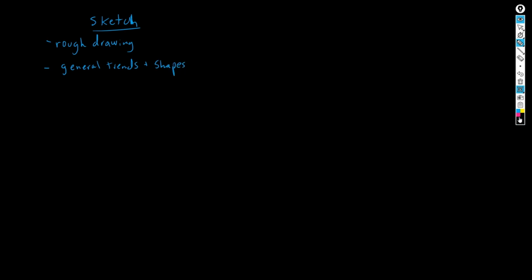On the other hand, a graph, let me draw the dividing line here, a graph uses exact data, meaning there are numbers associated with it that we have to graph and plot individually.